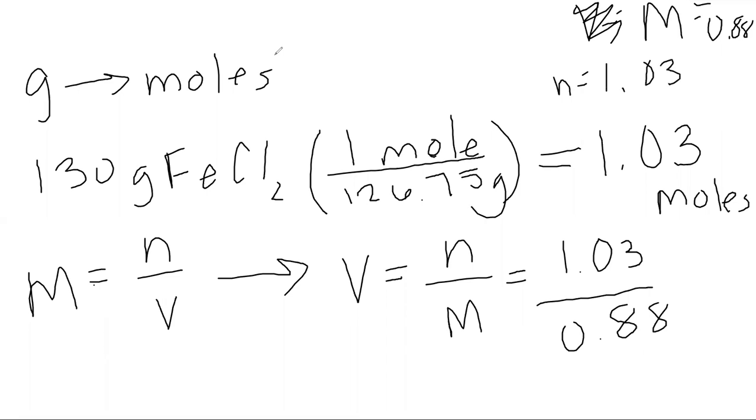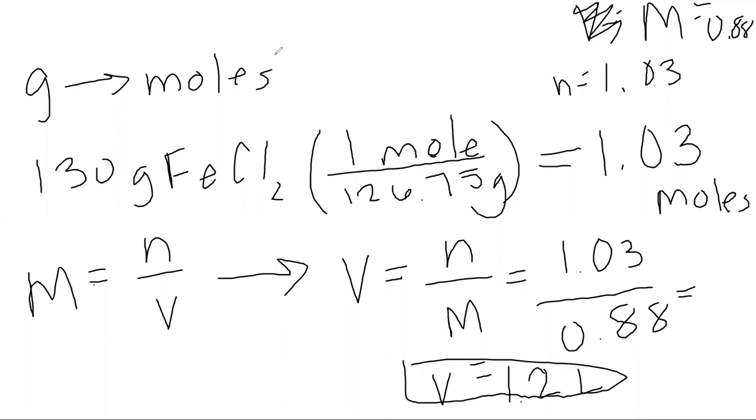Okay, so once we do that, you divide 1.03 by 0.88, and your volume is 1.2 liters. All right. Okay. So this would probably be the most complicated a molarity problem would get.